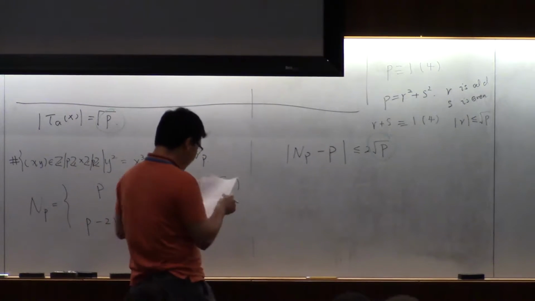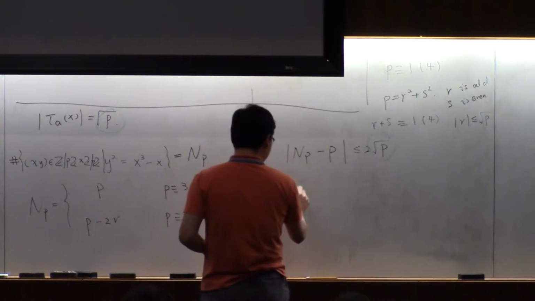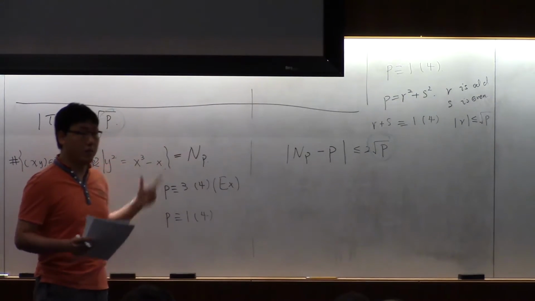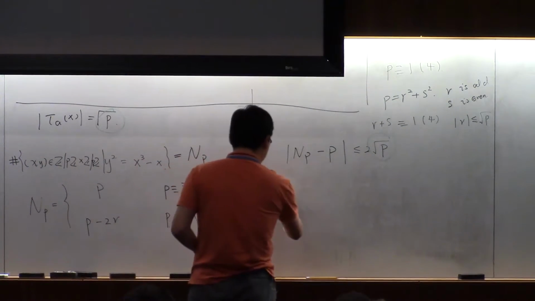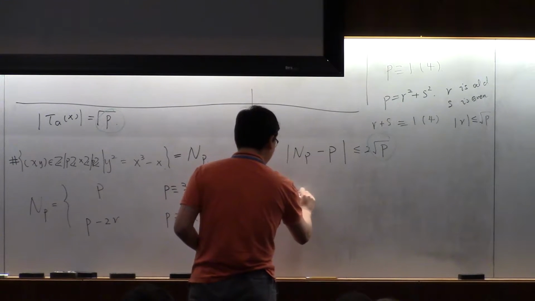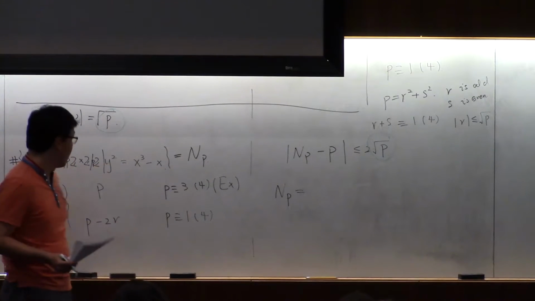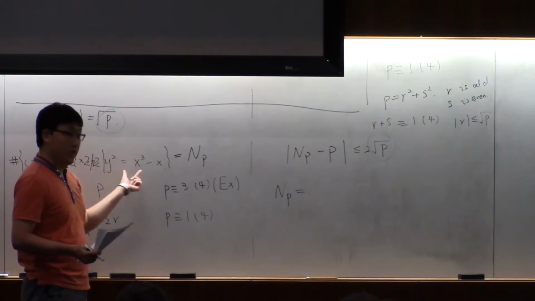But before I move on, I want to make one more remark on this number. So if you want to compute this number of solutions, how can you compute it?